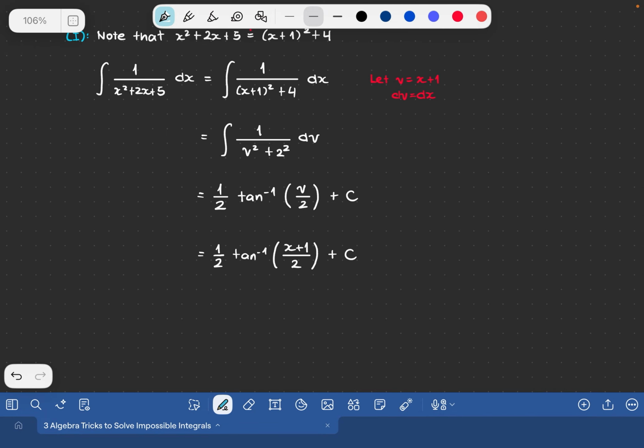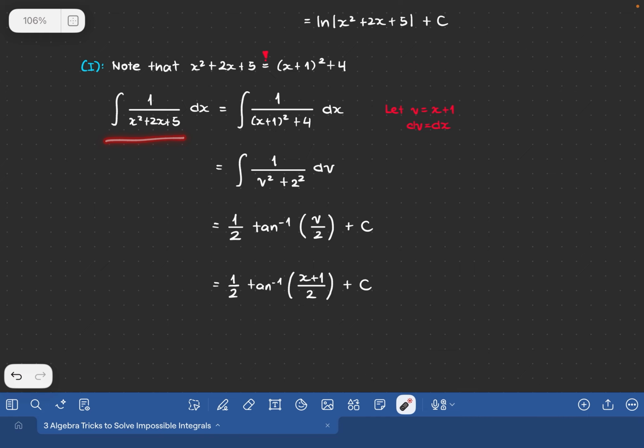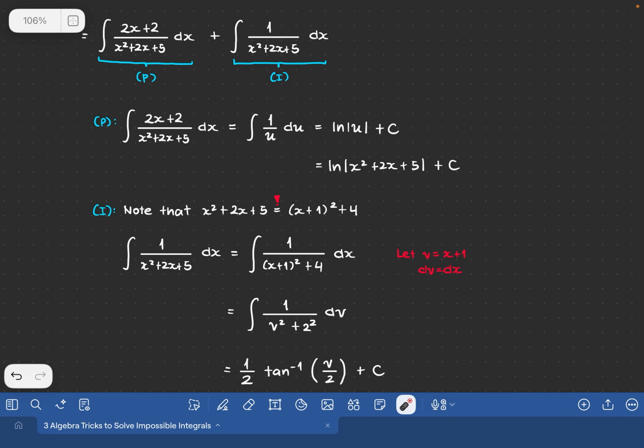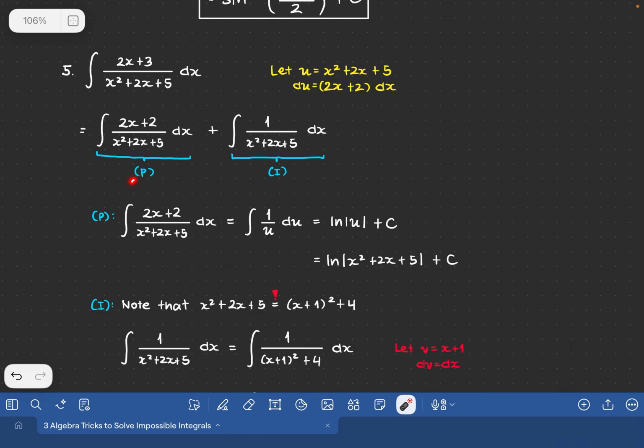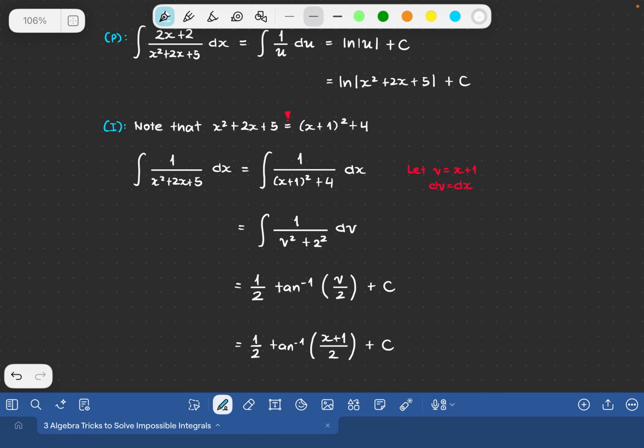That's not yet the answer for this problem, at least in particular for this one. Our goal is to find P plus I, this expression out here. So therefore, we just add what we obtained.